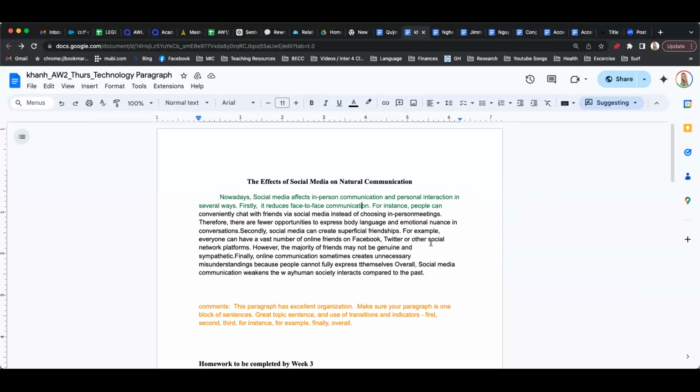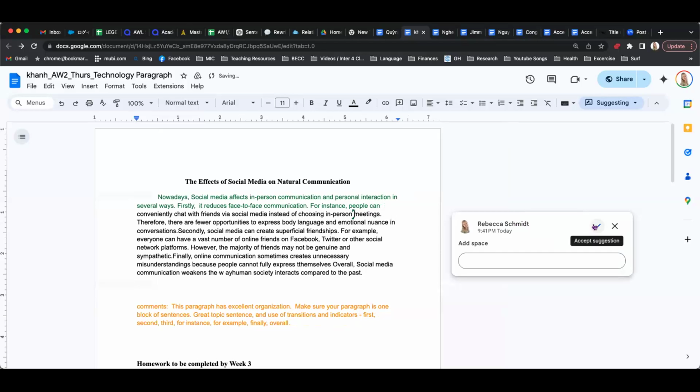The effects of social media on natural communication. Nowadays, social media affects in-person communications and personal interactions in several ways. Firstly, it reduces face-to-face communication. For instance, people can conveniently chat with friends via social media instead of choosing in-person meetings.